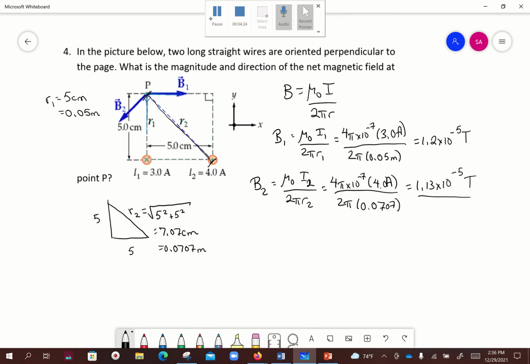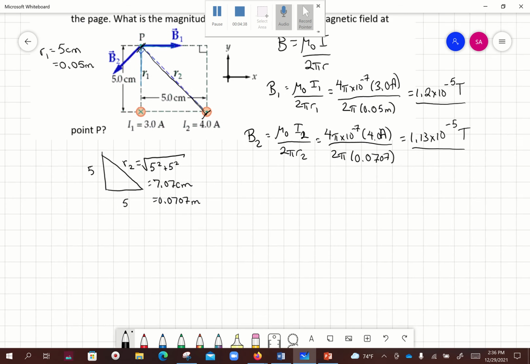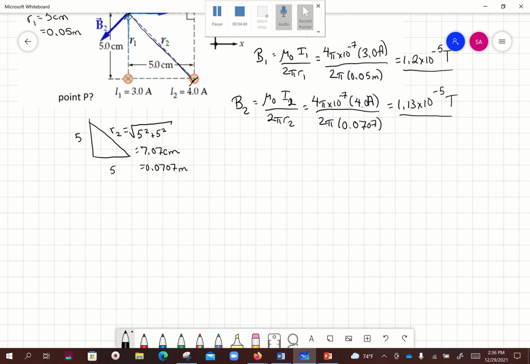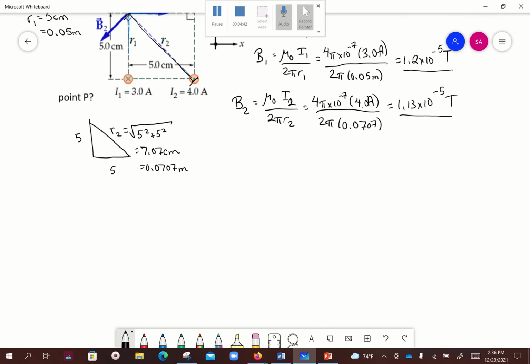So you can see these are quite small fields in terms of Tesla. Remember, 1 Tesla is a really, really big field. Okay, so now I need to get the components of these vectors and add them together. So we'll do like what we did in the first module when we were finding the net force and net field. Break it into components.